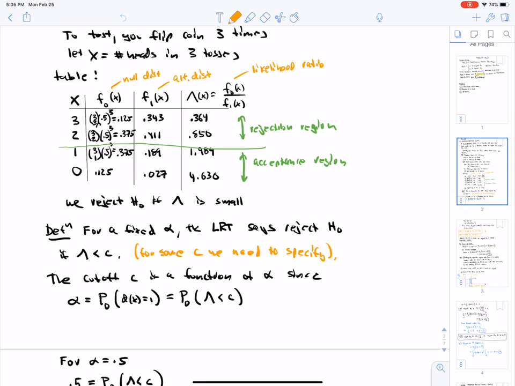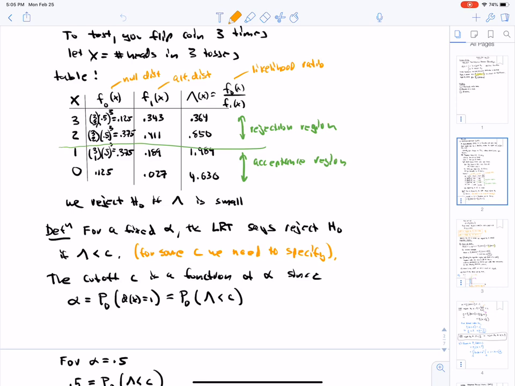So we can see that, for one thing, we would reject the null if, of course, x is very large, right?